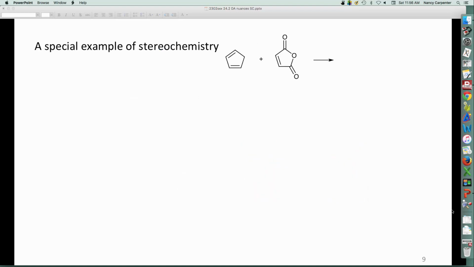Oh, how about this one? Let's look at this special example of stereochemistry. It actually will inform our previous example. So this is basically an example of a bicyclic molecule.